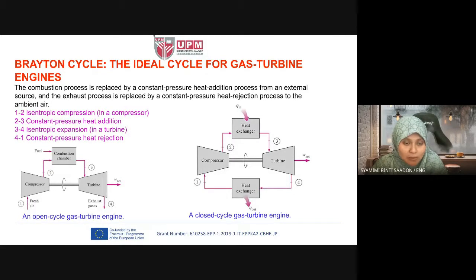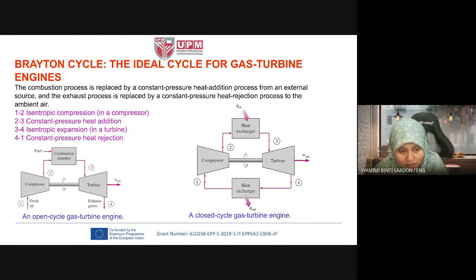For industrial purposes. On the left hand side is the cycle that we use for aircraft engines, an open cycle gas turbine engine. For an aircraft engine, it is an open cycle, not a closed cycle.